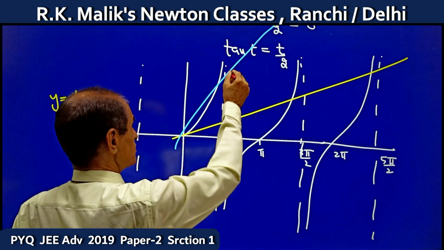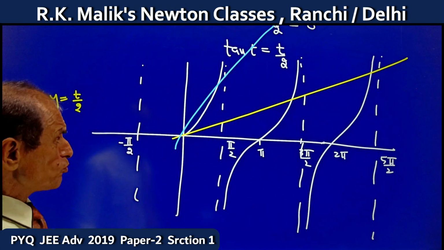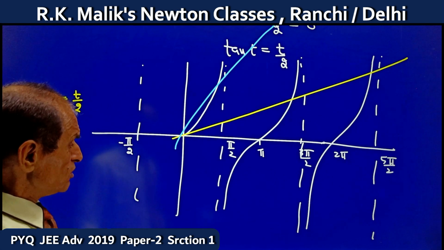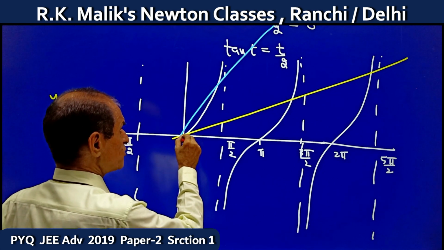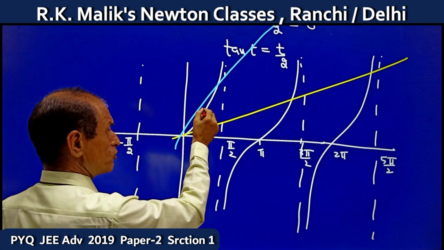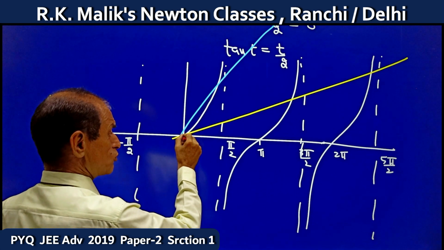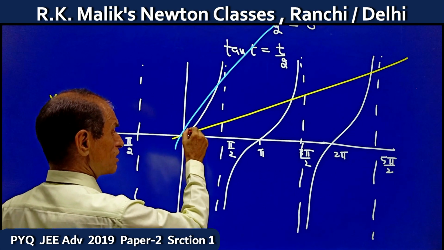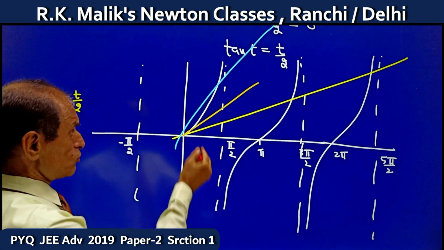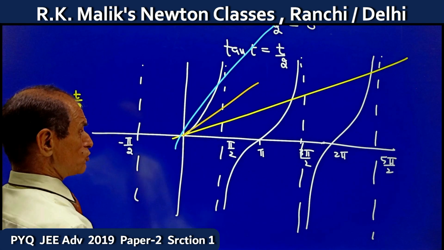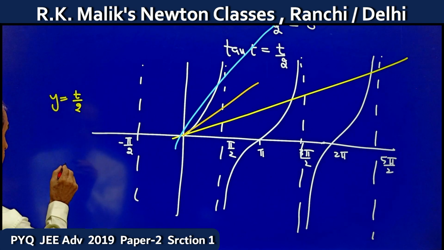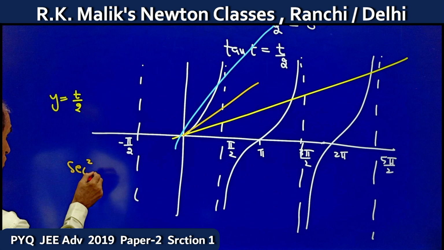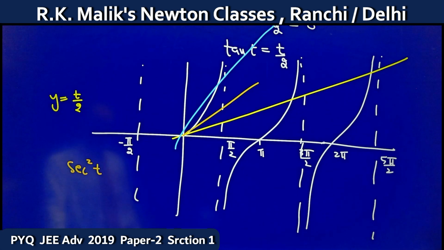How can I say that this graph is not possible? Because it's clear that at 0, the slope of the tangent to this graph at x equals 0 is 1. I mean to say this is a tangent to this graph. This surely has the slope 1 because the derivative of tan t is secant square t, and at t equals 0 the derivative is 1.